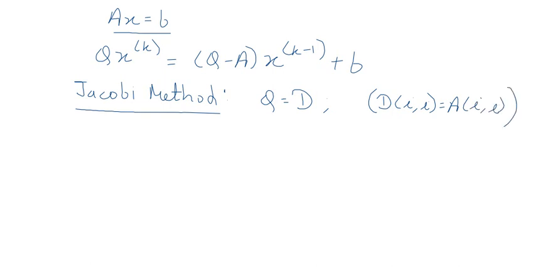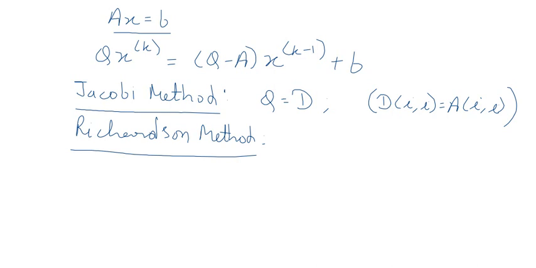Okay, for the Richardson method, the splitting matrix was the identity matrix.